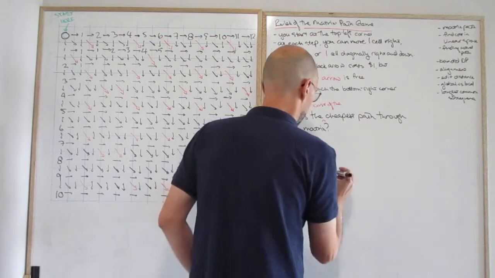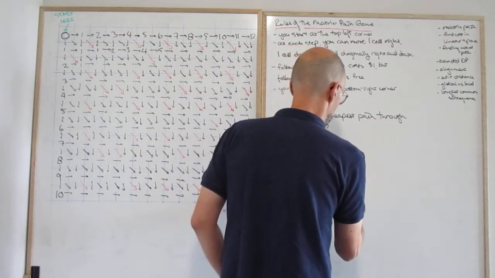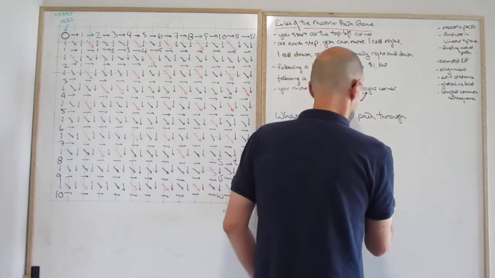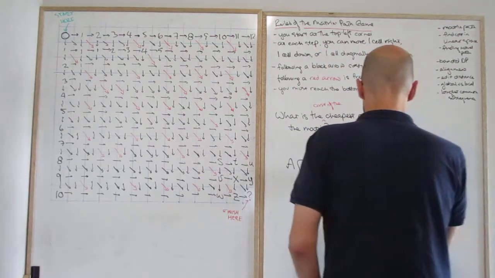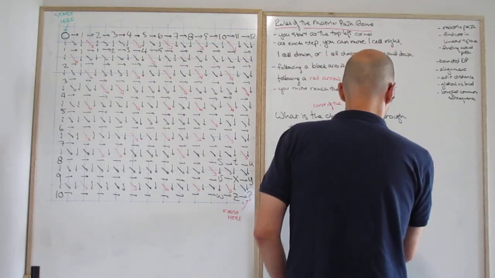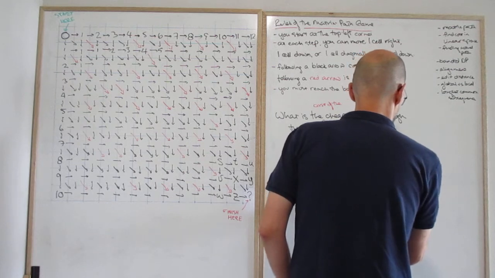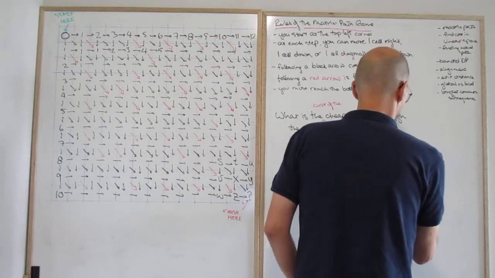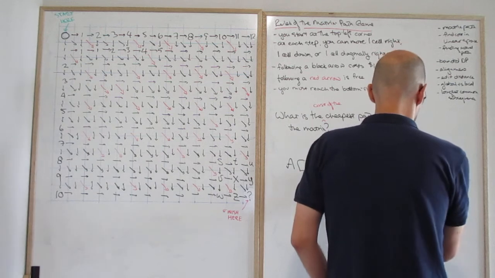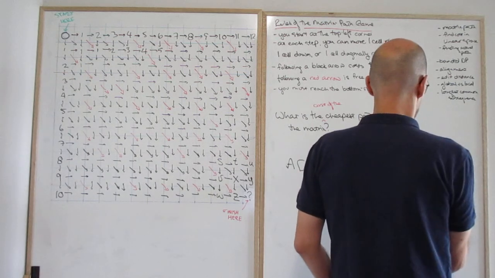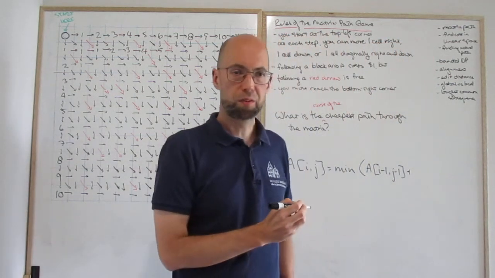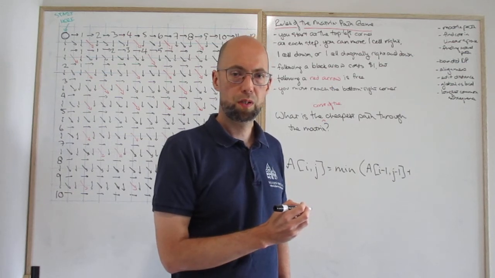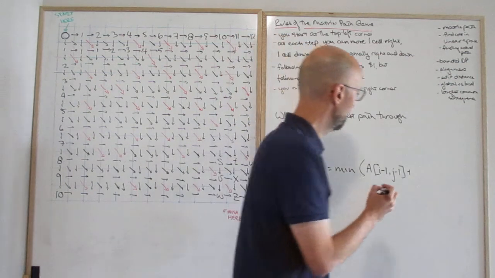A[i][j] equals min of A[i-1][j-1] plus, I need a variable, I need an indicator variable.